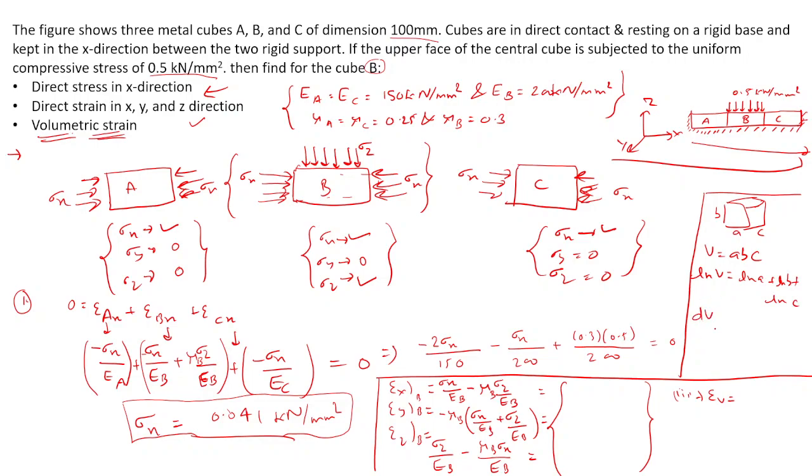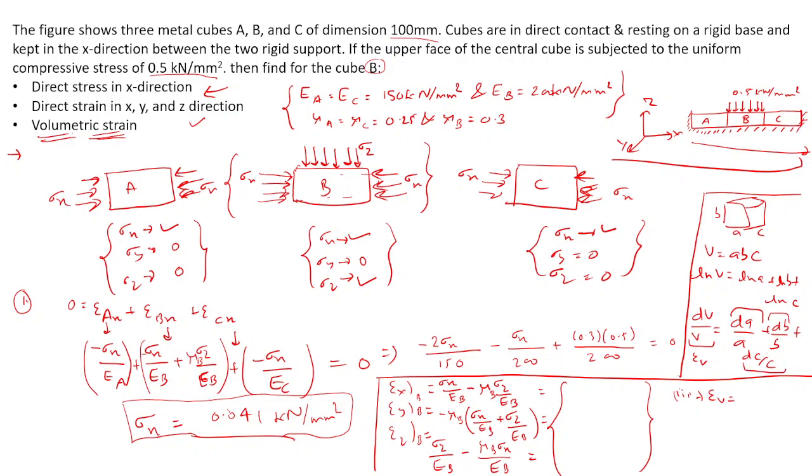So dV by V would be dA by A plus dB by B plus dC by C. So dV by V is the volumetric strain, right? And dA by A is strain in the A direction, dB by B is strain in the B direction, and dC by C is strain in the C direction. Correct or not?